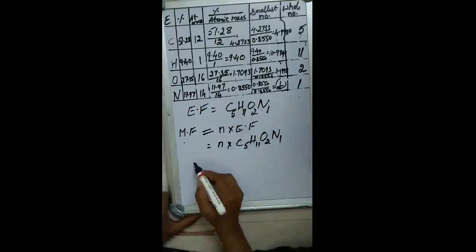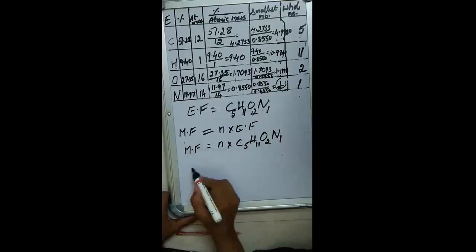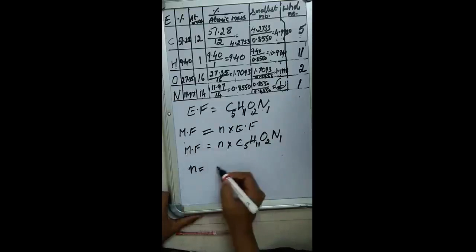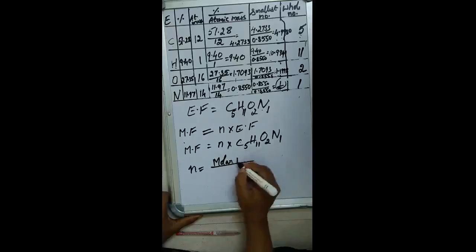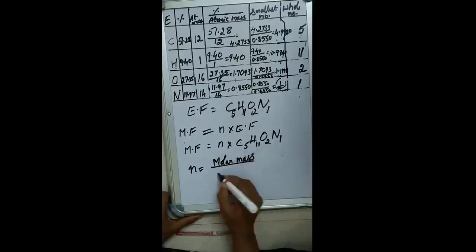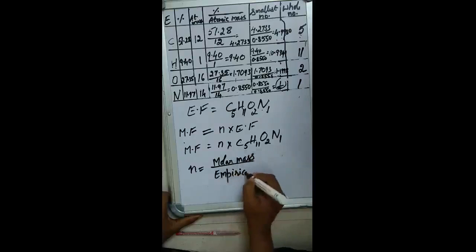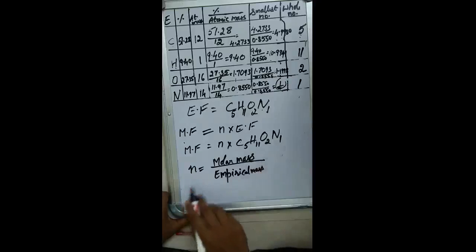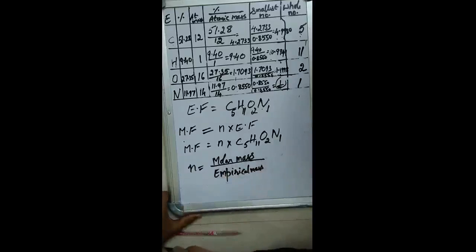Now, how to calculate n? n is equal to molar mass divided by empirical mass.